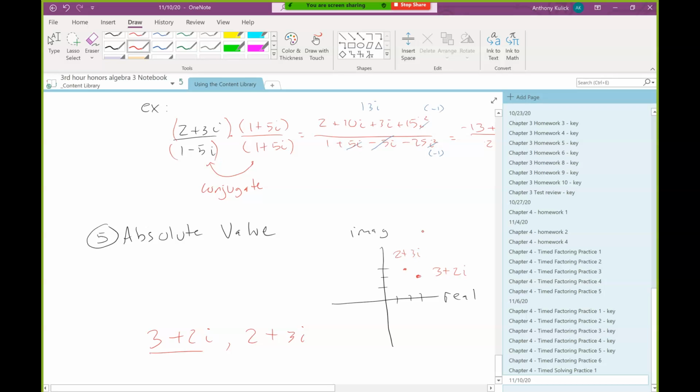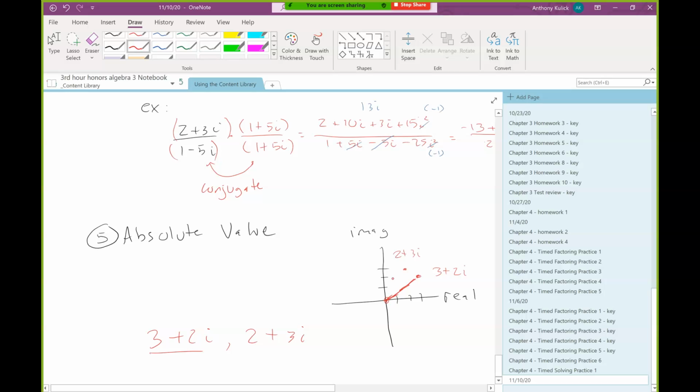What represents 0 on a plane? The origin. So the absolute value is going to be the distance from that location to the origin. Well, one way I could find that is if I think about this as a right triangle.